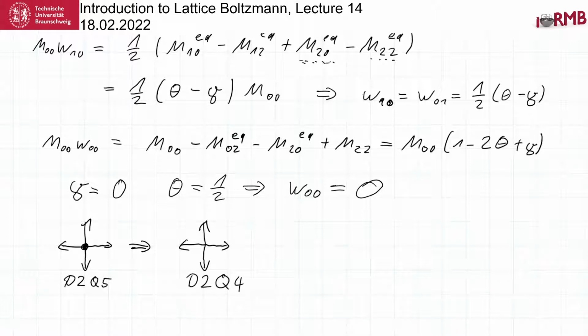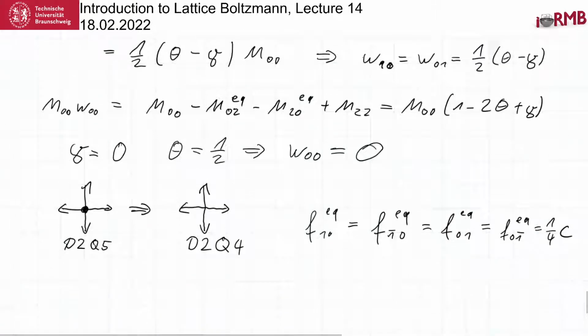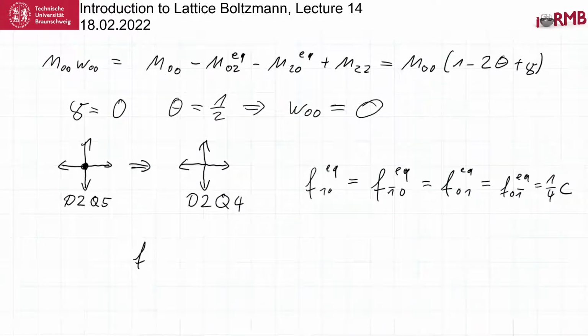So we can actually solve this diffusion problem with D2Q4, and in that case, our equilibrium distributions, of which we have now only 4, will all look the same. They will all be 1/4 times the concentration C. And then our model just does the following.